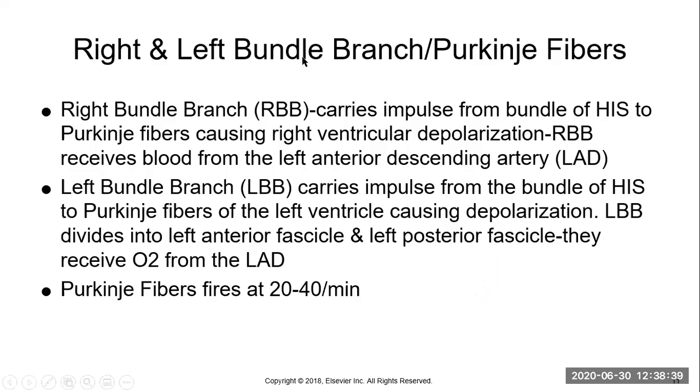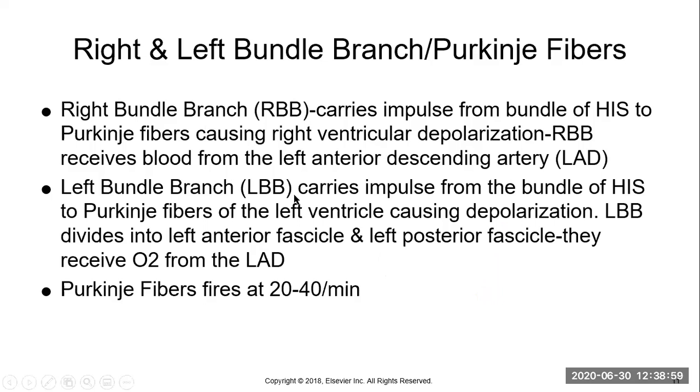The right and left bundle branch carries impulse from the bundle of His to the Purkinje fibers, causing right ventricle depolarization. The RBB receives blood from the left anterior descending artery.